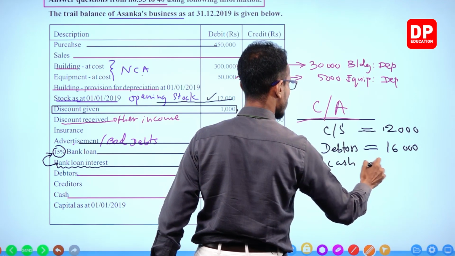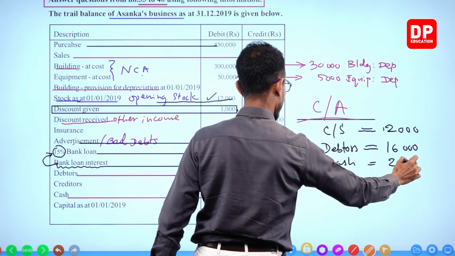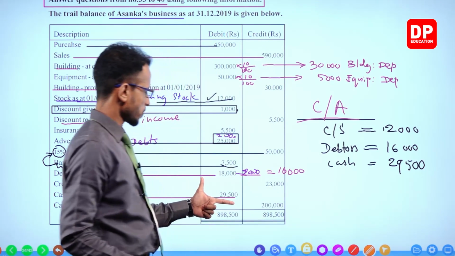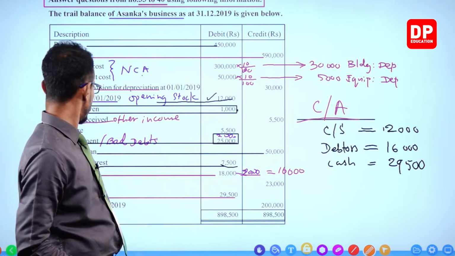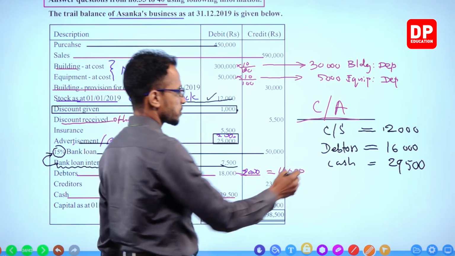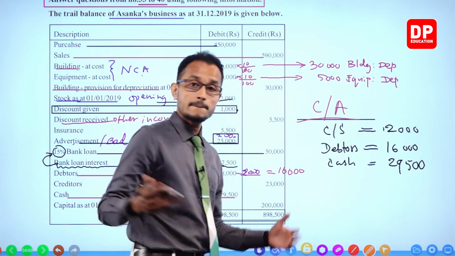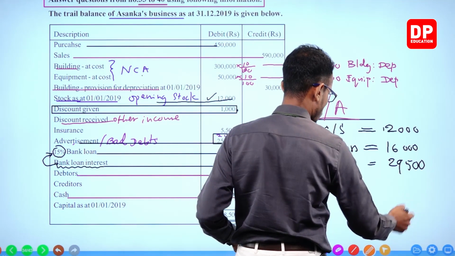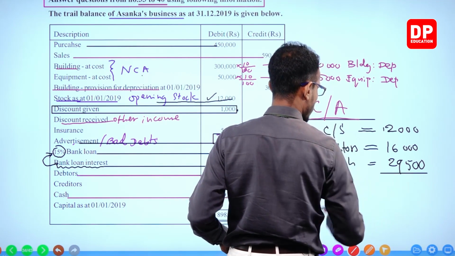Cash 29,500. Closing stock, debtors, and cash. Do your calculations.